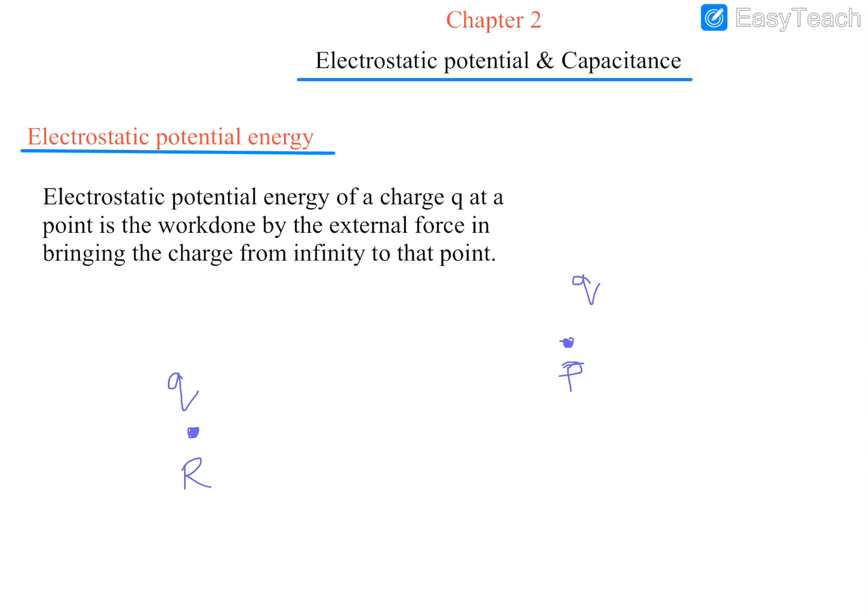You know that whenever there is a charge, it will exert an electric field. So this Q charge will have its own electric field, which you can draw. This is the electric field due to your charge Q, which is at R.